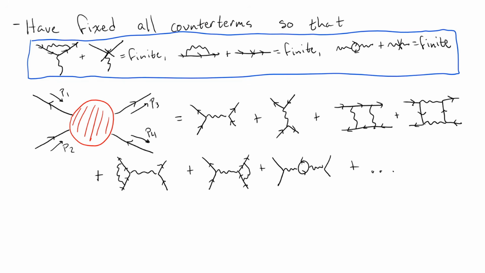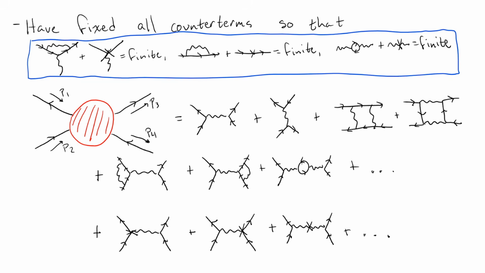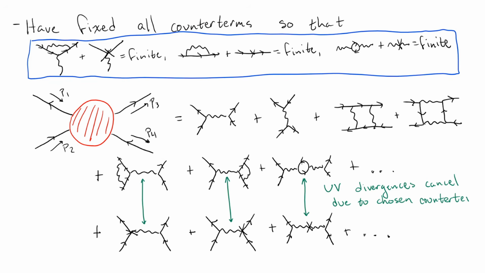As we just said, to recover the full result, we need to also include all of the diagrams which come with counterterm insertions as well, up to a given order in perturbation theory. In this simple example, it's easy to see what will happen. We'll be able to pair up divergent diagrams with corresponding diagrams with counterterm insertions, and when we add them together, the sum will end up being finite due to the way that we chose to define our counterterms. At the end of the day, we will have a completely finite calculation of the amplitude for electron-positron scattering.